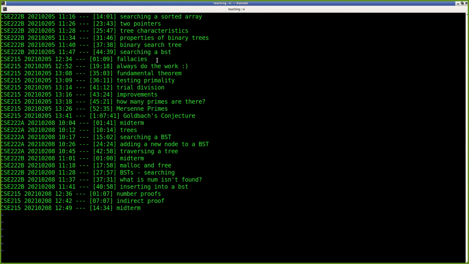So we spent a while going over the homework questions 1 and 6, right? So the question about fallacies and the question about divisibility. And then we talked about the fundamental theorem of arithmetic, which was, you know, about unique factorization into primes, and ways of testing primality, doing trial division, looking at how many primes there are, the prime number theorem, and then some open questions, Mersenne primes and Goldbach's conjecture.